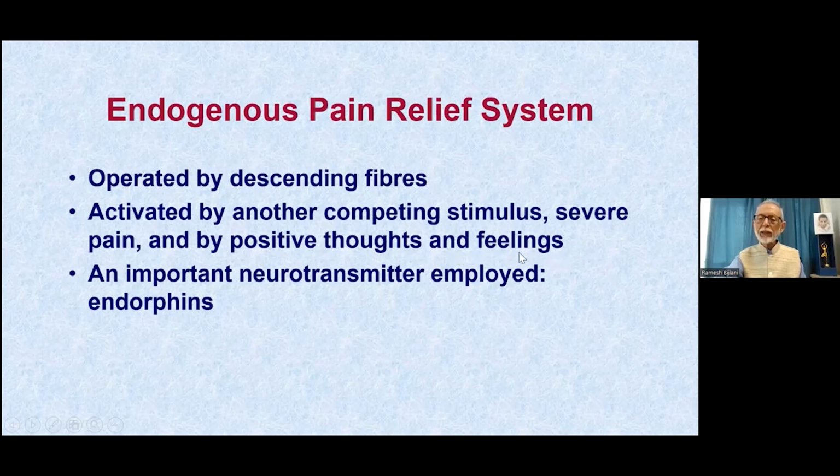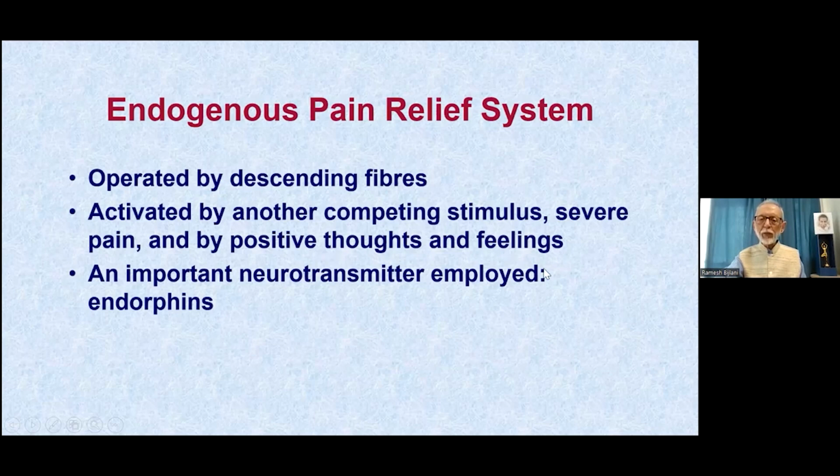Or if in a serious road accident, the person initially does not feel much pain because his first priority is, will I survive? That is what he's thinking about, not about the pain that he's feeling. So various types of thoughts and feelings also perhaps act through this endogenous pain relief system, these descending fibers which get activated by any of these things, and that's how the pain becomes much less.